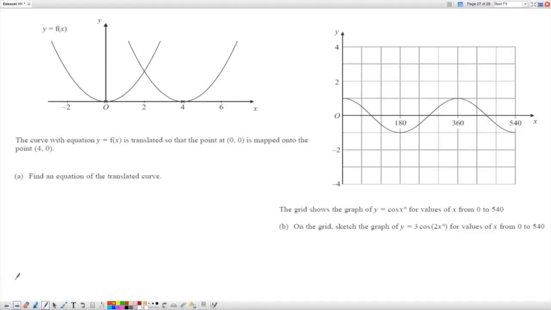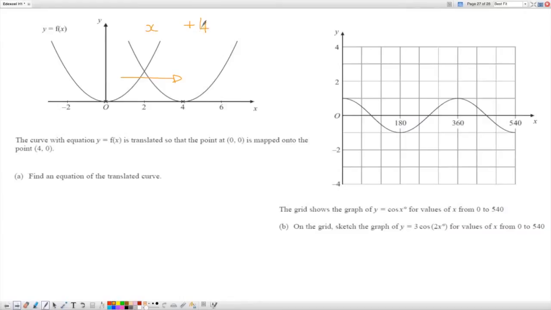In this question, we're shown a curve with equation y equals f(x), and then told it's translated so that the point 0, 0 is mapped onto 4, 0. So what's happened is the graph has gone in this direction, a horizontal shift, an x shift of plus 4.